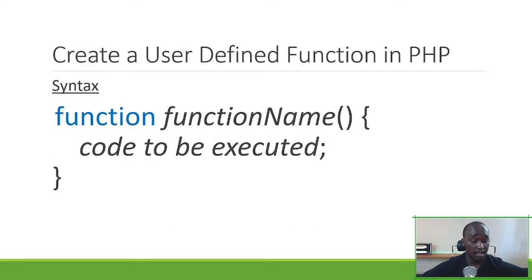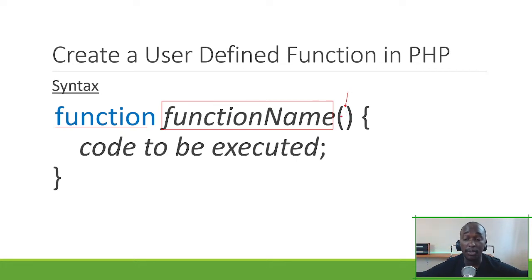So this is how we define a function in PHP. We use a keyword function. Then we give the function a name. It has to be an acceptable identifier. Then we have these brackets that are used to carry some parameters.